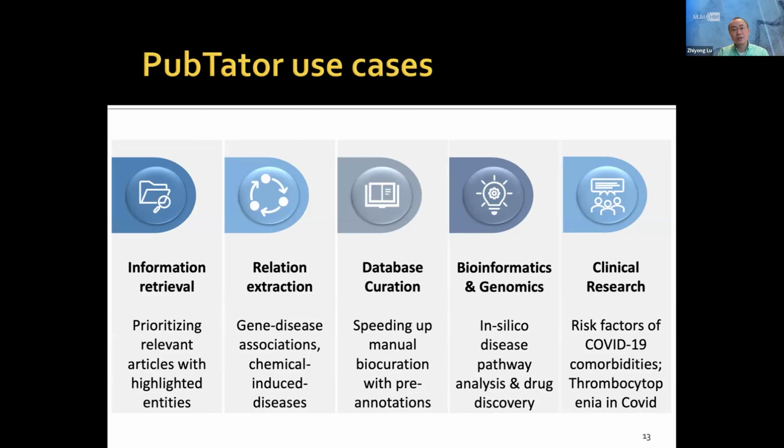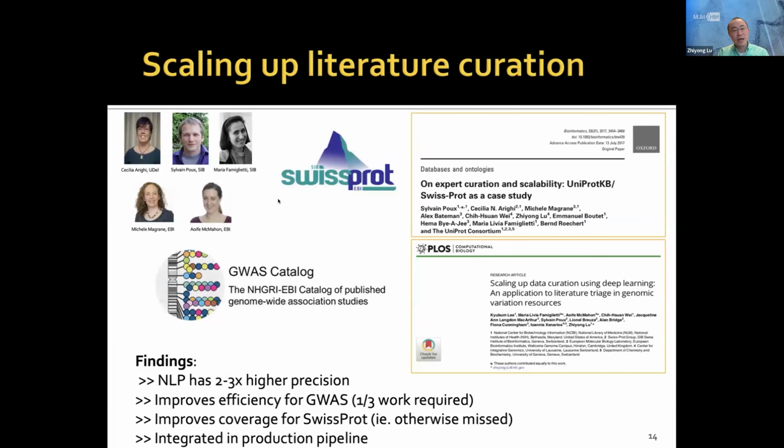We have been working very closely with this community for a number of years now. Back in 2017, 2018, for example, we worked with both UniProt SwissProt as well as the GEO Catalog. Both are NIH-funded projects.